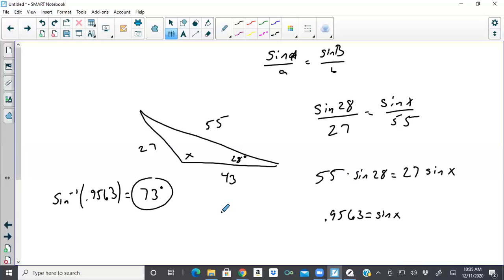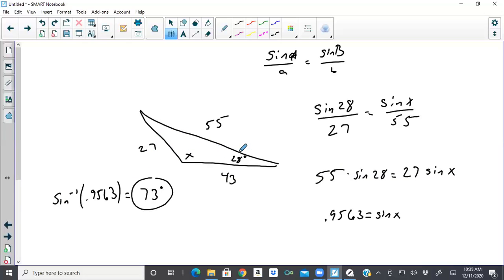All right. Now, most of us would be able to take this answer, move on, and be done, right? We would just look at this answer and say, okay, that's great, we got 73 degrees, that's fine. But what you have to think is, remember, triangles add up to 180.